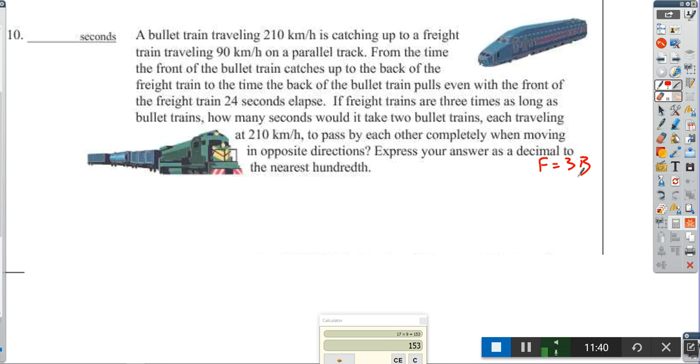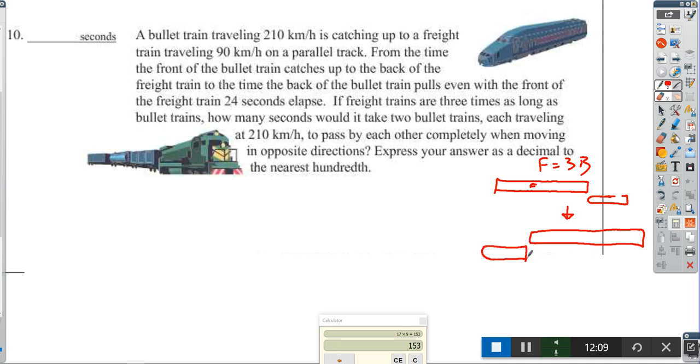And so I have a situation where I have a freight train, and it is about to pass a bullet train. We know that for this situation to go from here to here takes 24 seconds.